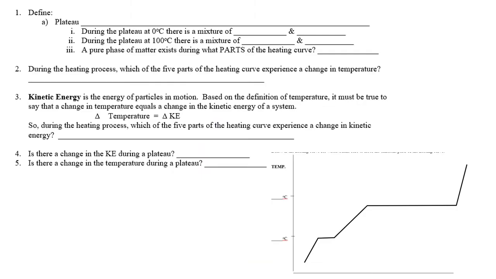And so these questions, first, we're going to define a plateau. That's a flat area, just like in geography. And so during the plateau at 0 degrees Celsius, so this part right here, it wants to know what states of matter water would be a mixture of at 0 degrees Celsius. It'd be a mixture of solid and liquid because it's melting right there.